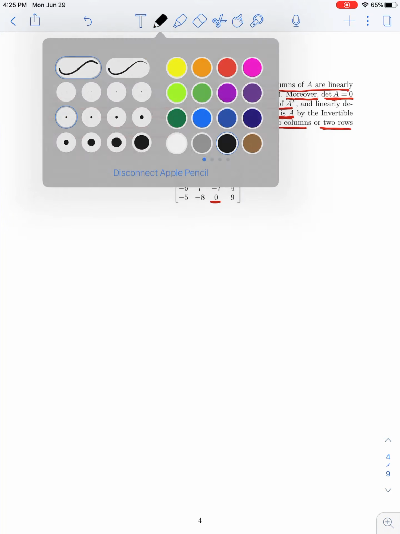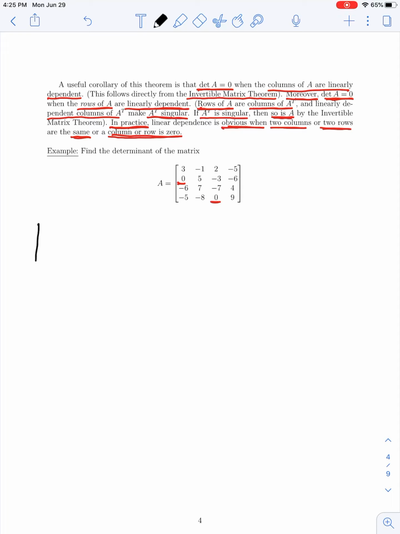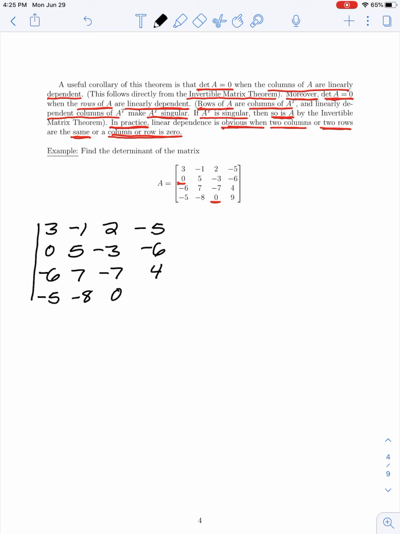We're looking for the determinant of the matrix 3, -1, 2, -5, 0, 5, -3, -6, -6, 7, -7, 4, and -5, -8, 0, 9.